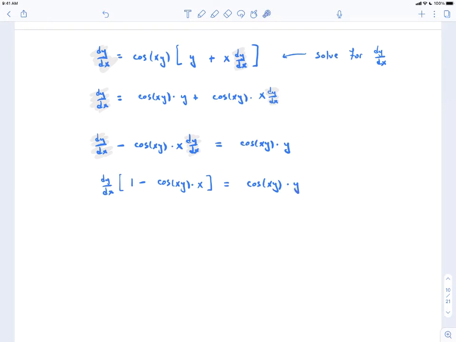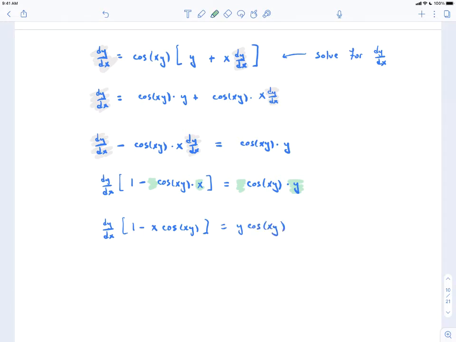As a matter of convention, it's usually the case that you want to take this x and put it in the front. We'll take this y and put that in the front of this cosine. So we'll have dy/dx times (1 minus x times cosine xy) is equal to y times cosine of xy.